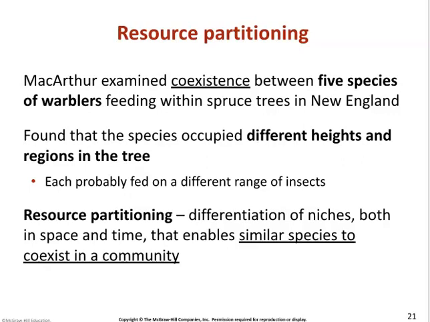And based on where they were in the tree, there were different insects living there. Based on that insect availability, the resources available were different for each species of bird. So 5 species of bird could live in the same tree as long as they didn't exploit the same niche. As long as they didn't eat the same food, they could all survive in the same space at the same time. And this is why similar species can coexist in a community.